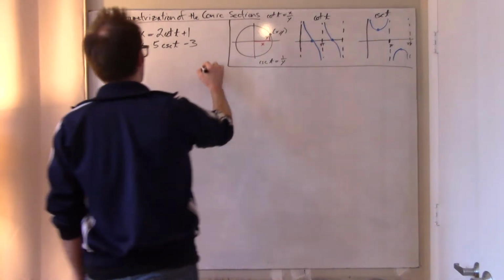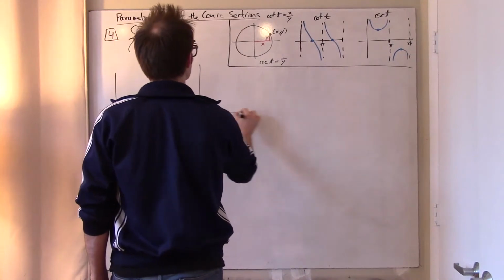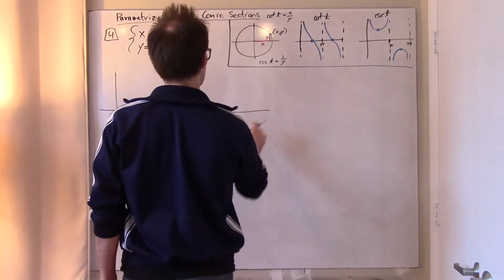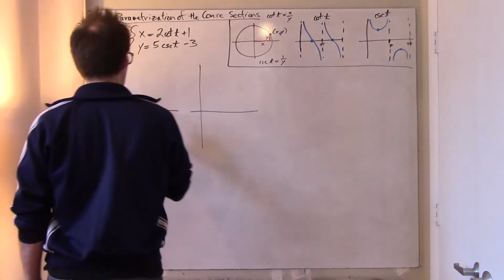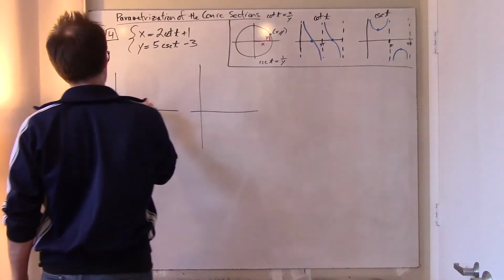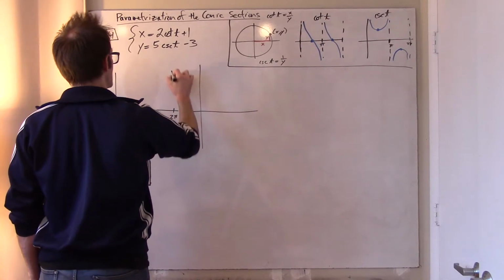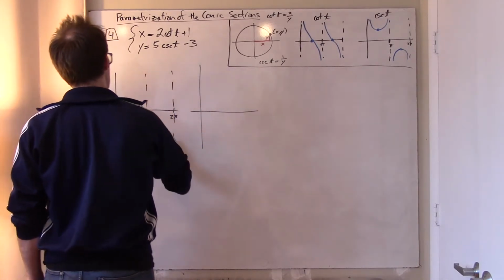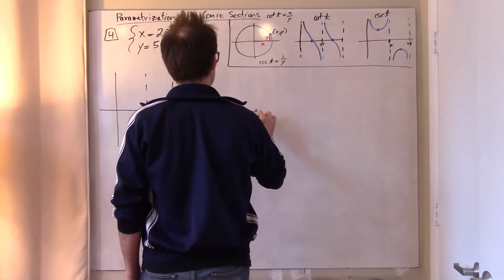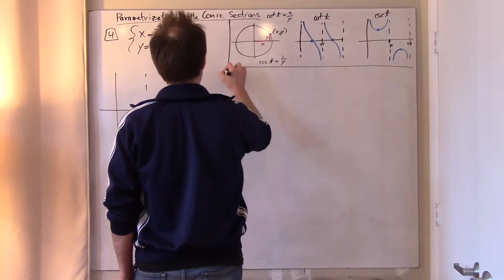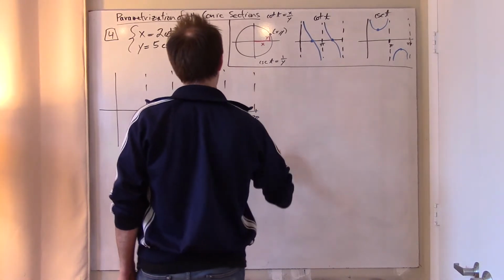Let me graph now. I suppose I'm going to take this much space for it. Maybe that's too late. So pi, 2 pi, and pi, 2 pi. Okay, so yeah, great.